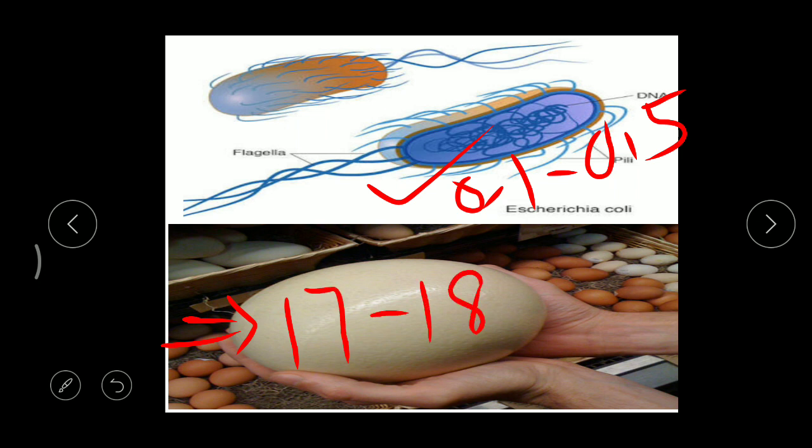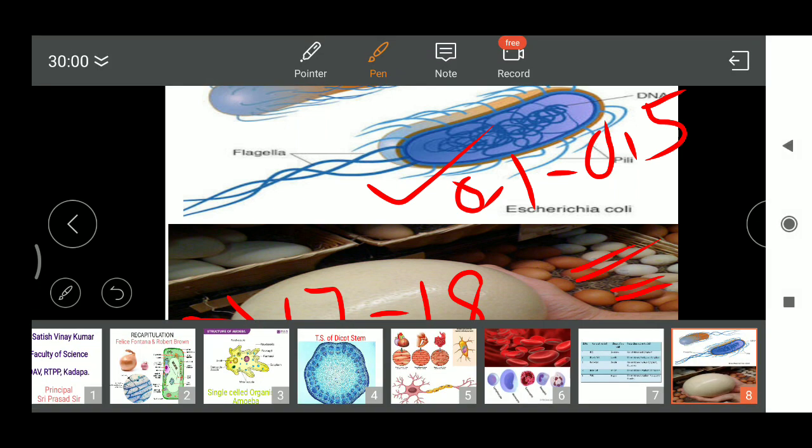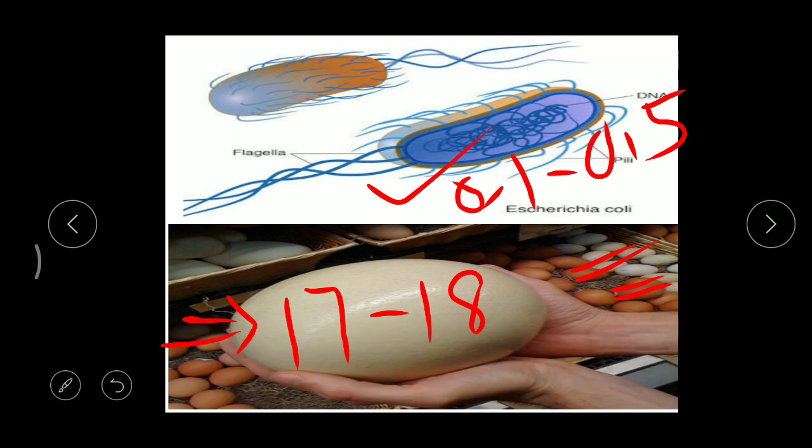Here you can find normal eggs. Can you see them? You can compare the size of a normal egg and an ostrich egg. This ostrich egg is 17 to 18 centimeters, so it is the largest cell.